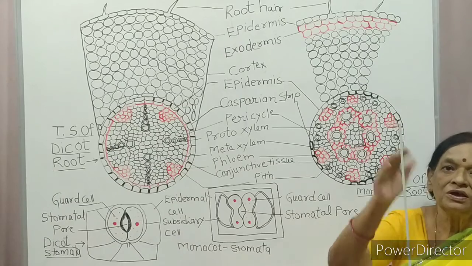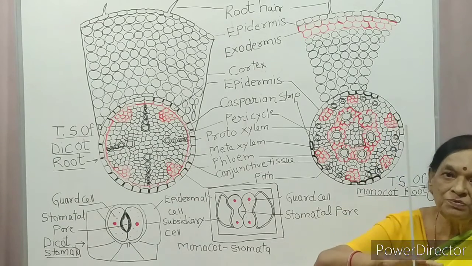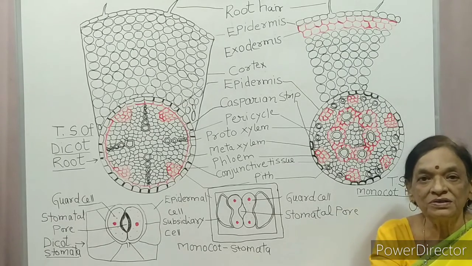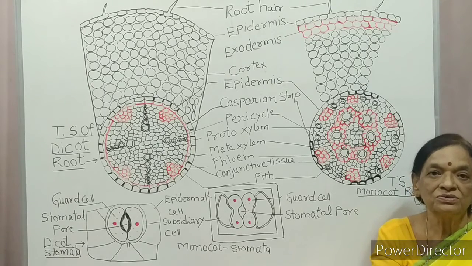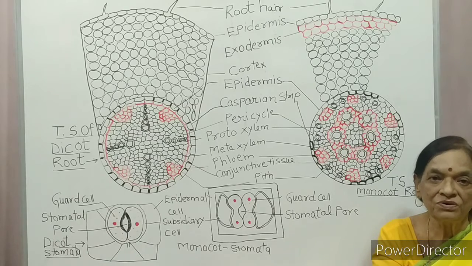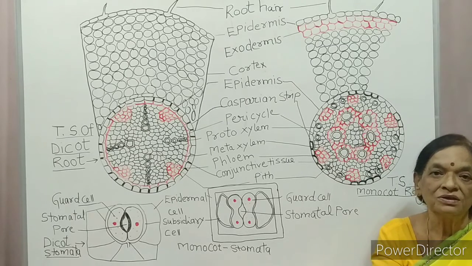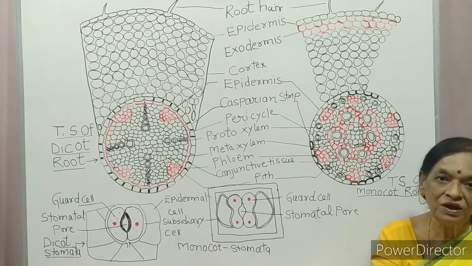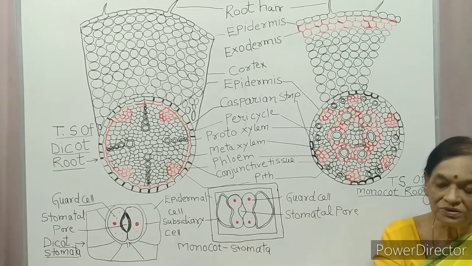So they form a layer over the epidermis of the stem and avoid unnecessary water loss from aerial organs. So underground organs have unicellular hair, while aerial organs have multicellular hair to avoid loss of water.